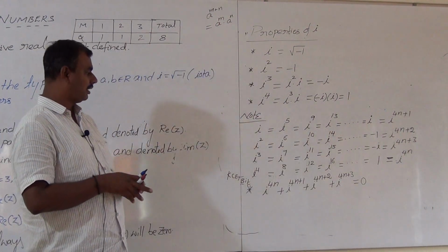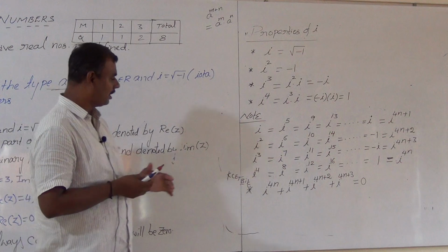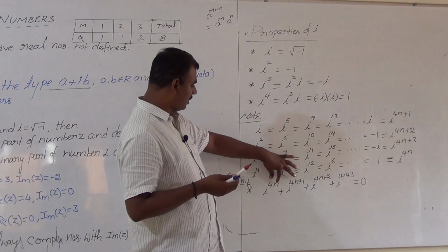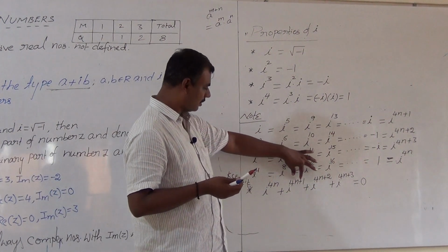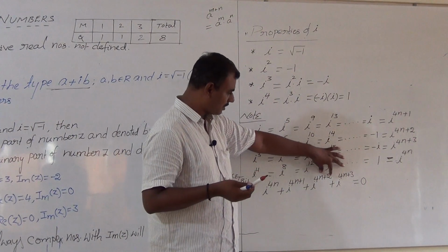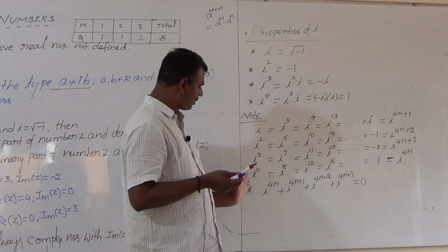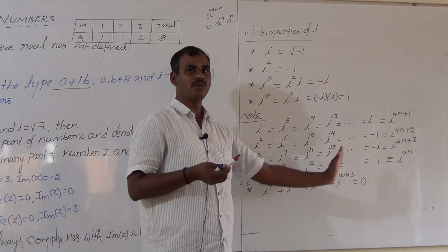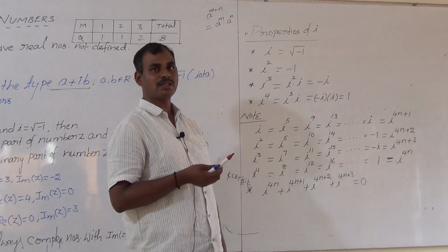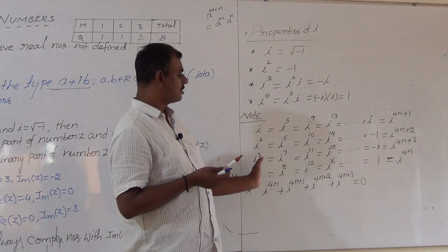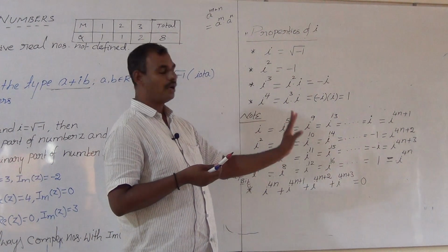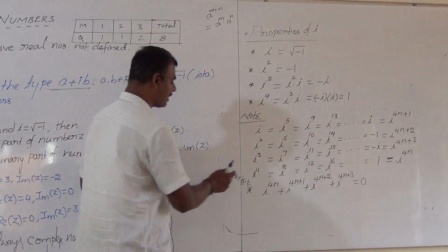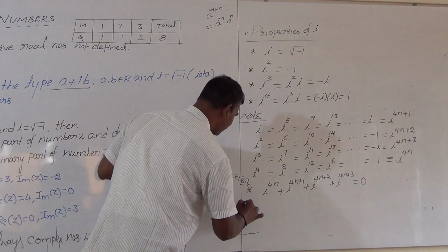What is the meaning of this? We are observing 4n plus 1, 4n plus 2, 4n plus 3. These are the respective numbers, also called consecutive. Plus means sum.